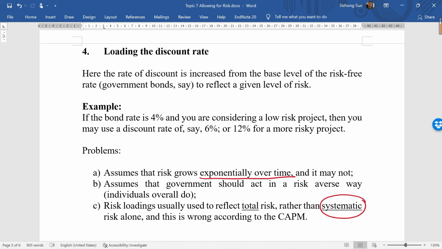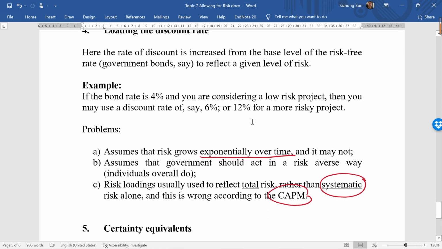Total risk is the sum of systematic risk and idiosyncratic risk. And this is wrong according to the capital asset pricing model. Anyway, this is the fourth approach to account for risks in cost-benefit analysis.